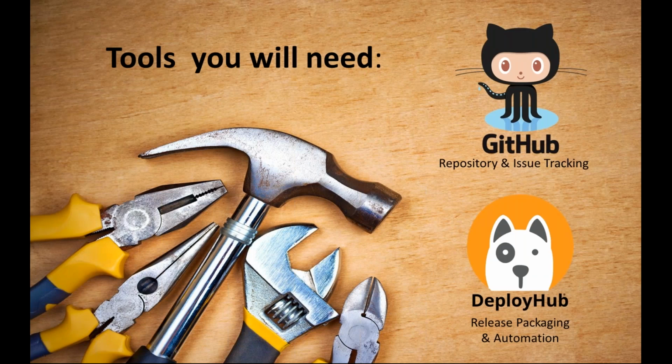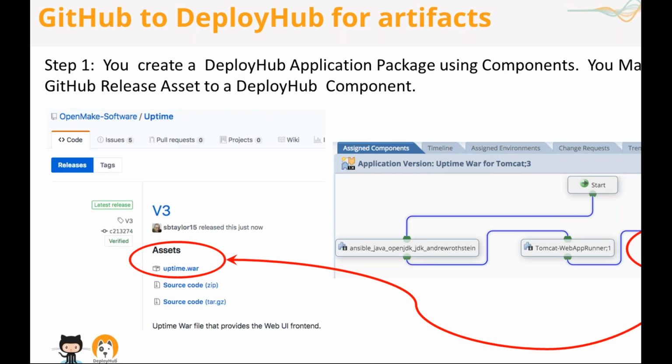So the tools you're going to need, we're going to show you how to use the GitHub repository for the issue tracking and keeping track of the artifacts to be deployed, and DeployHub for doing the release packaging and the actual release process. We're going to keep it down to 2 simple steps. The first step, what you do is you create a DeployHub application package using components.